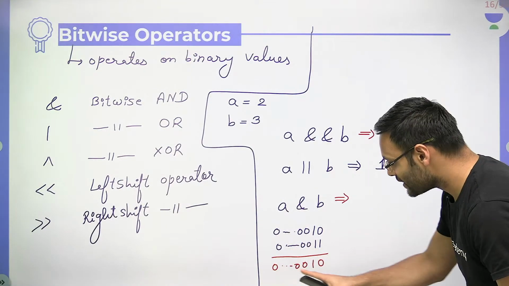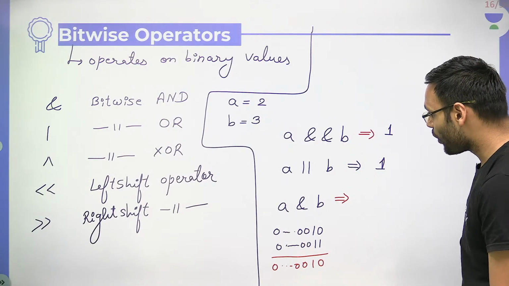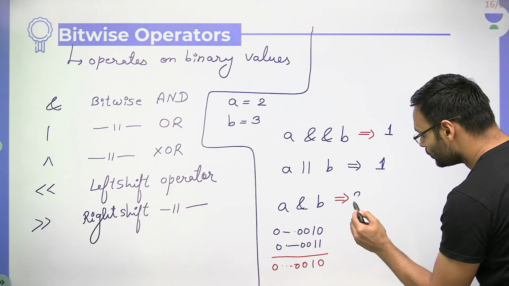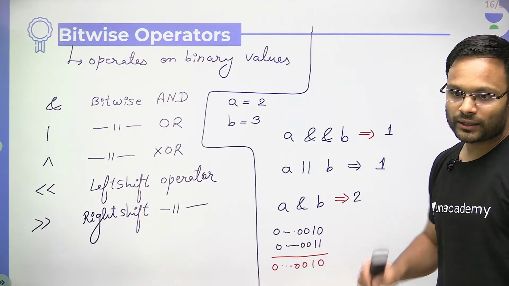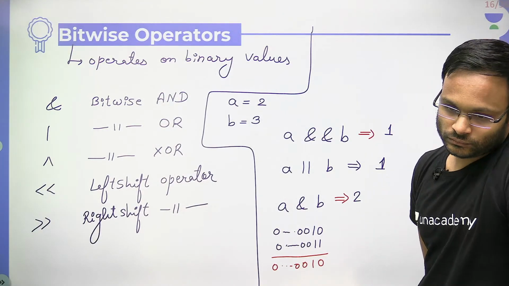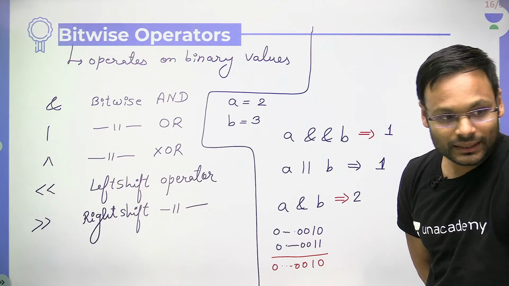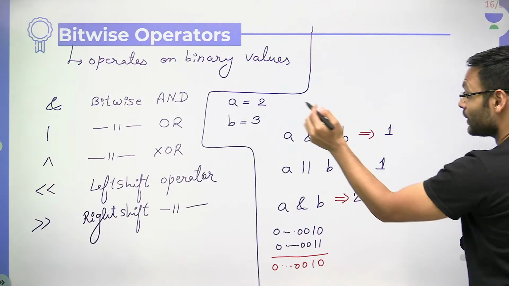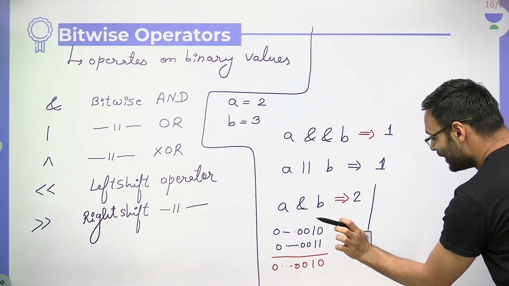In decimal, what is this? 000010. This is 2. So it will return me 2. I hope you guys are understanding this point. Yes or no?